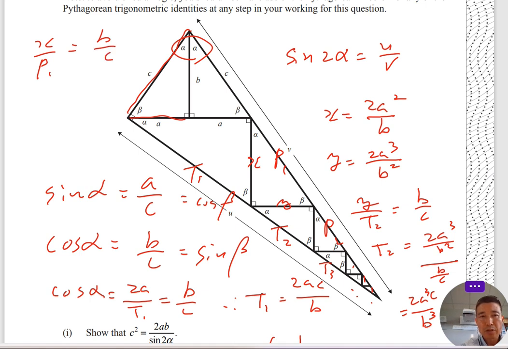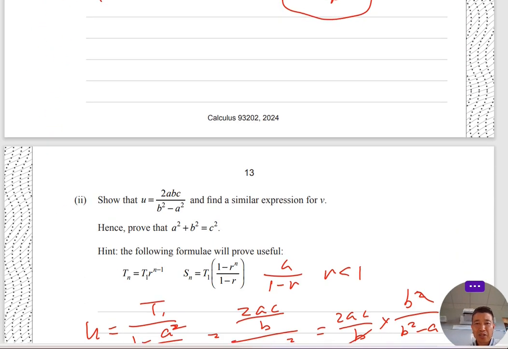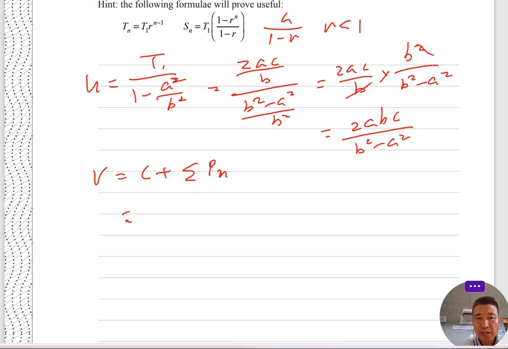And x is, so P1 equals x over B over C. What is x? x was 2a squared over B, and then times by the reciprocal, which is C over B. So that is 2a squared C over B squared.